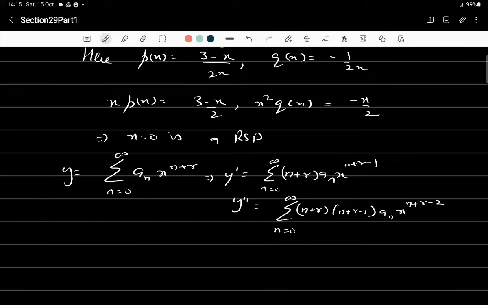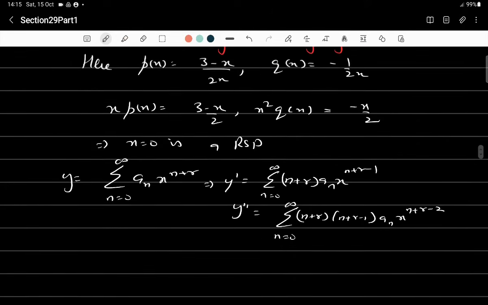But for example, if r is 2, then it becomes x raised to the power n plus 1. It means there is no problem if it starts n from 0. So since we do not know, and if x has the negative powers, those coefficients would be automatically 0. Therefore it is safe to write down the summation from n is equal to 0 to infinity.